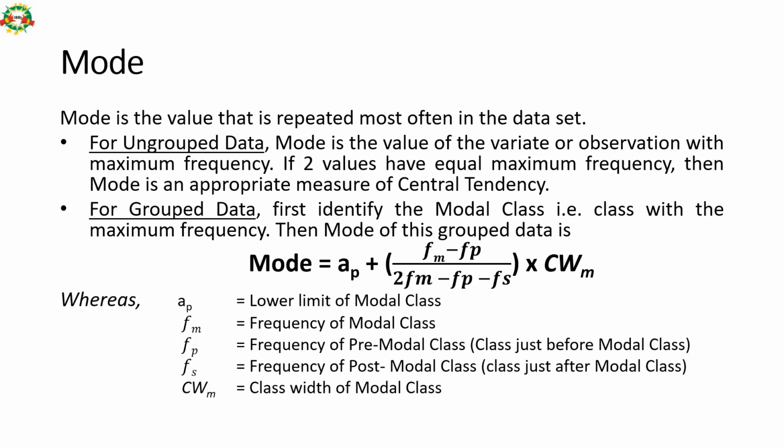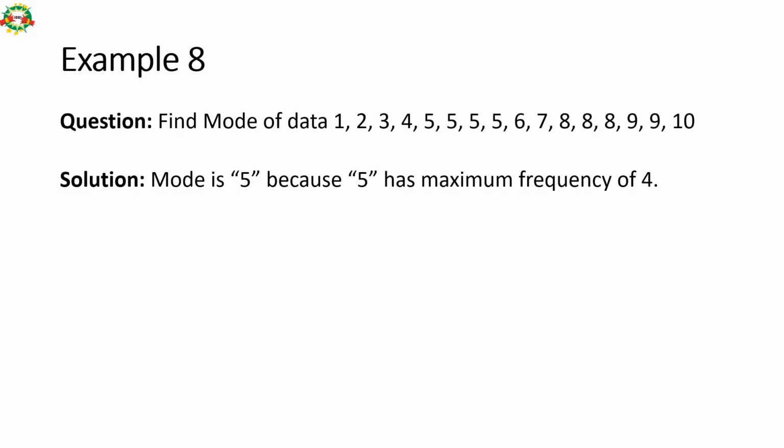Let us understand this with the help of an example. Find the mode of the data 1, 2, 3, 4, 5, 5, 5. Since 5 has the maximum frequency, first we have to make an array of the data, like in the median case, rearranging the data in ascending order.